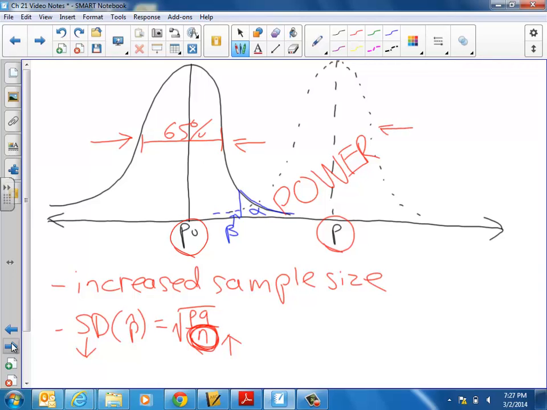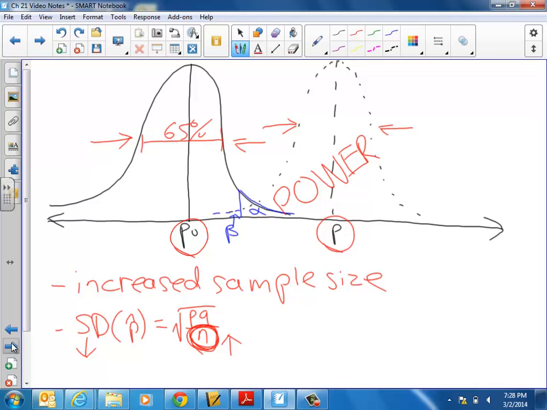Again, this bell curve has been shrunk. All right, so what does that do to alpha and beta? Remember, alpha is the probability of a type 1 error, beta is the probability of a type 2 error. Well, it actually should decrease both.